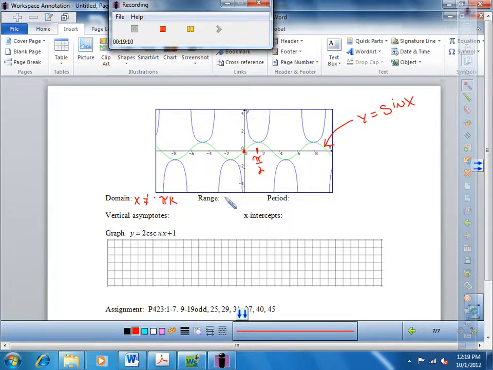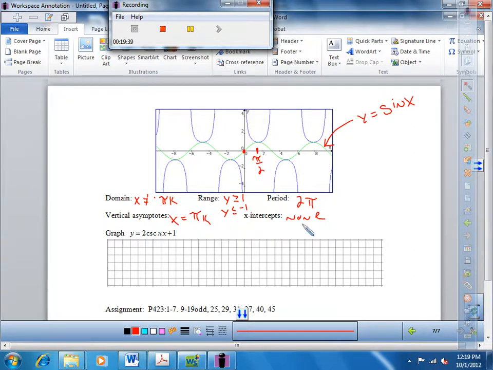The range is the same as for secant. Y is greater than or equal to 1, or y is less than or equal to negative 1. The period is 2 pi. The vertical asymptotes are the same as this: x equals pi k. And the x-intercepts, there are none. And there's no y-intercept here.